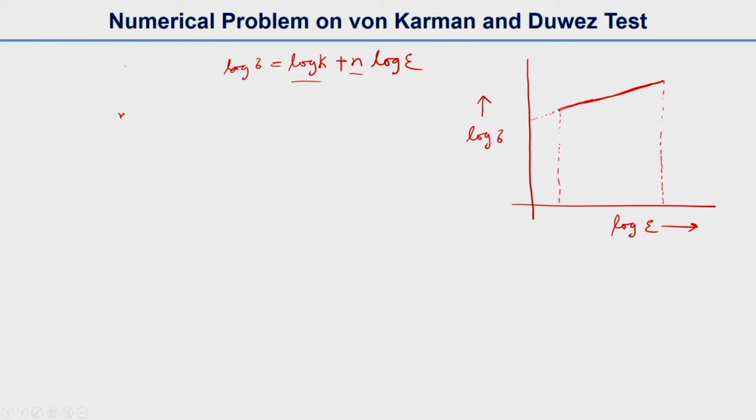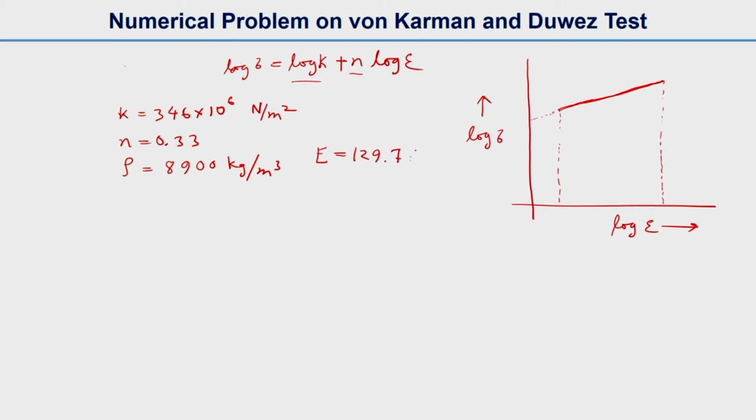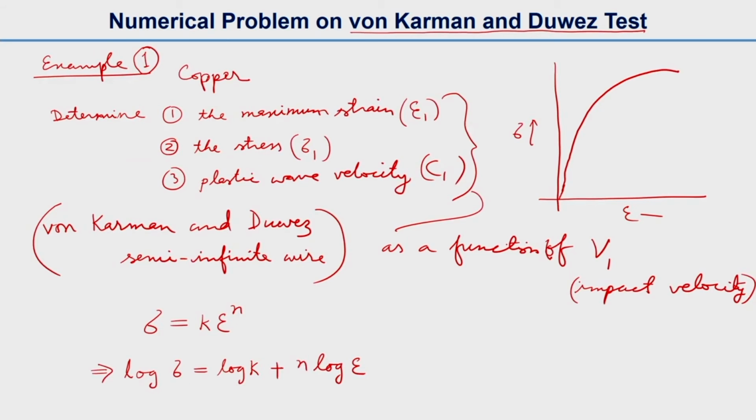So the k value will be 346 times 10 to the power 6, in Newton per meter square, and then we have n, the hardening exponent, which is 0.33, and we have our density, it's copper, 8900 kg per meter cube, and then Young's modulus of copper is 129.7 gigapascal.